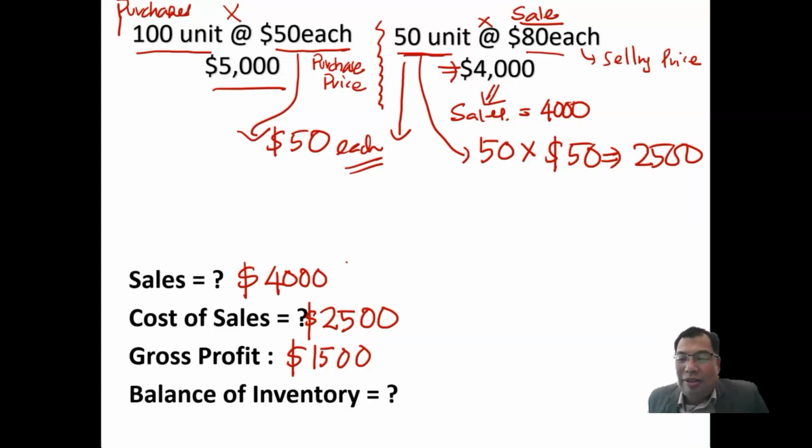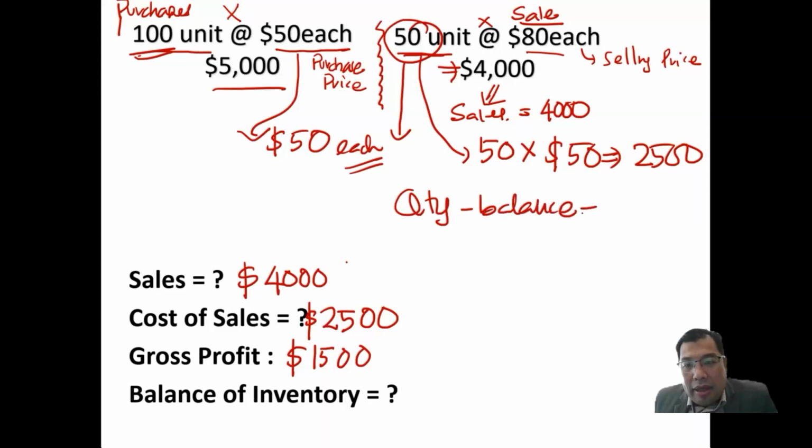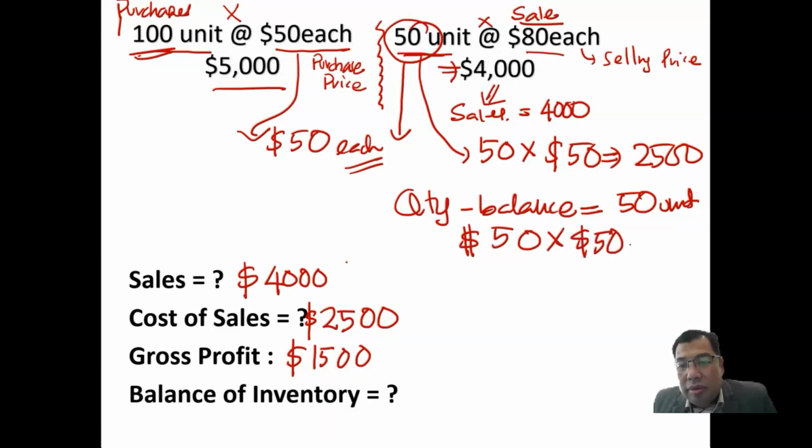What is my balance of inventory value? I purchased 100, sold 50. In terms of quantity, the balance is 50 units. In terms of value, it's going to be 50 multiplied by $50. So that is 2,500.